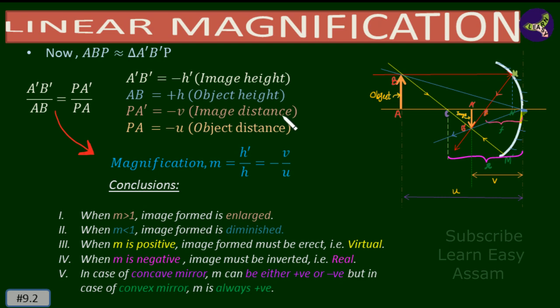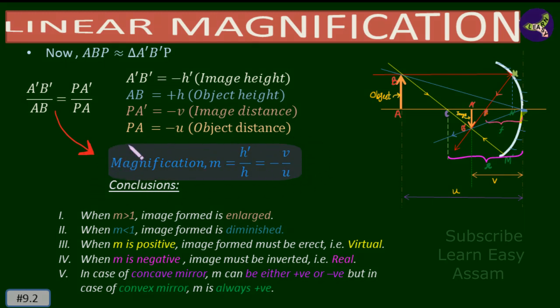This is image distance, so it is negative v. And PA is the object distance. It will be minus u. So we can put all these values in this ratio equation and we will get magnification m is equal to h dash by h, or it is equal to minus v by u. So this is the linear magnification formula.